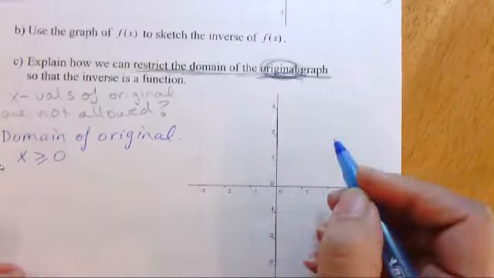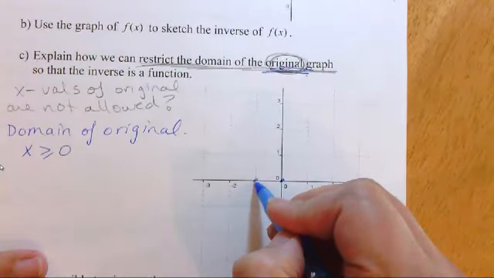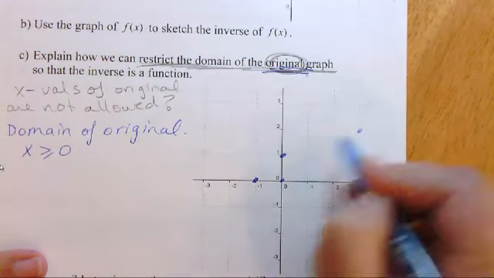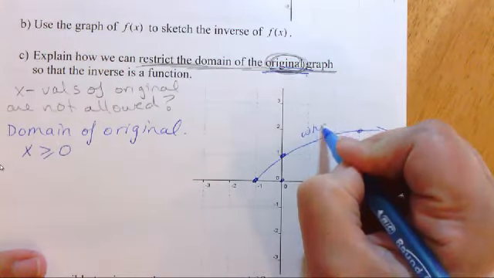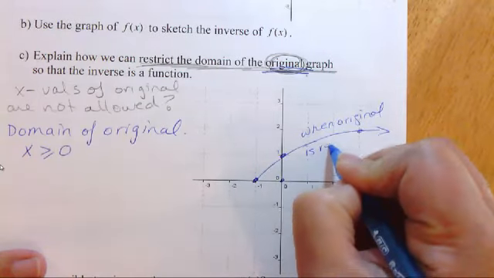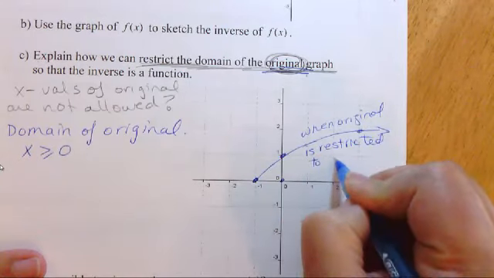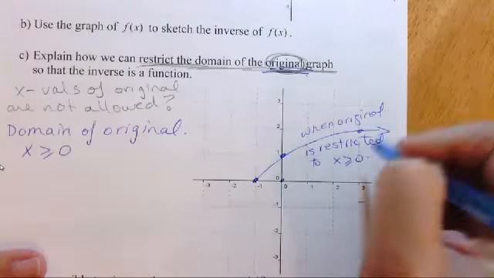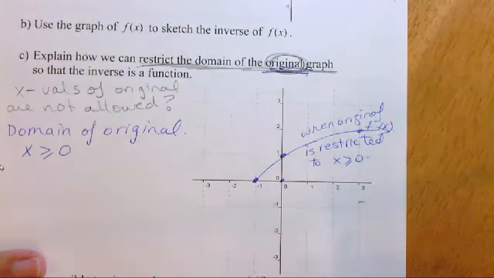We could draw that over here, and it's going to end up looking like right here, here, and here. So that's when the original is restricted to x is greater than or equal to 0. Okay? But just make sure that you know that this is the graph of the inverse here.